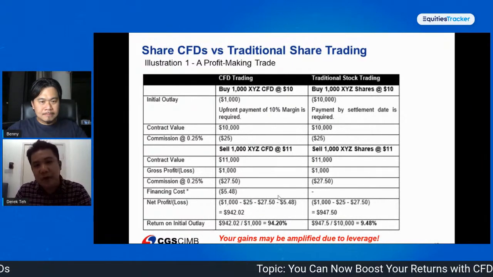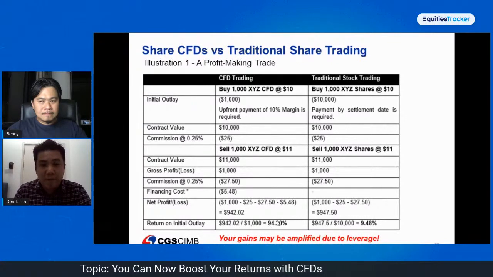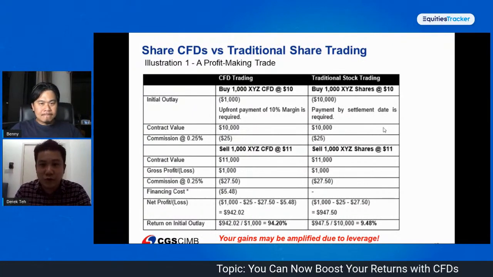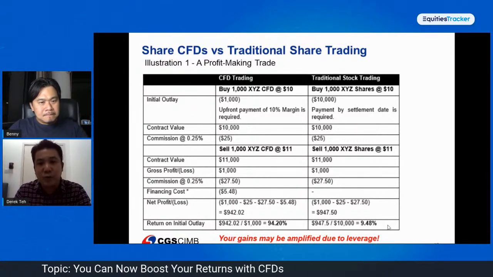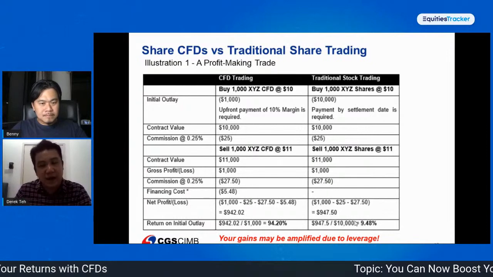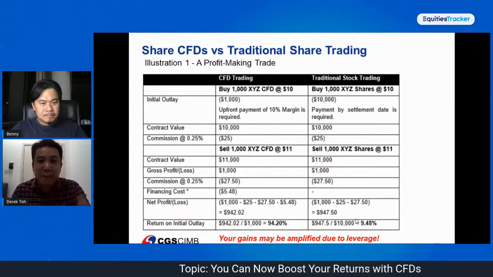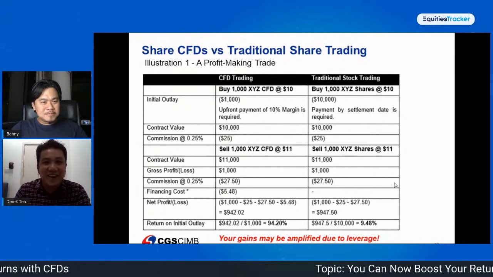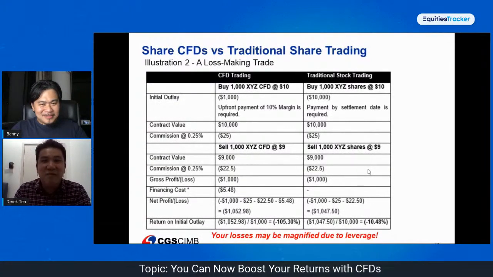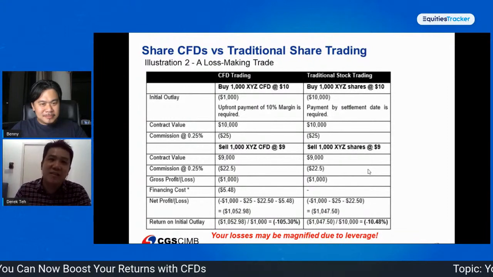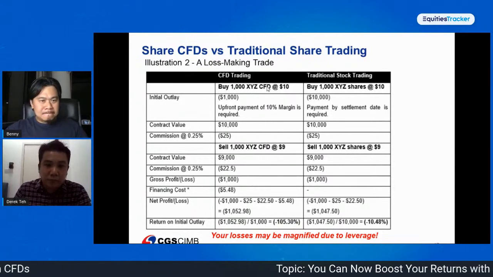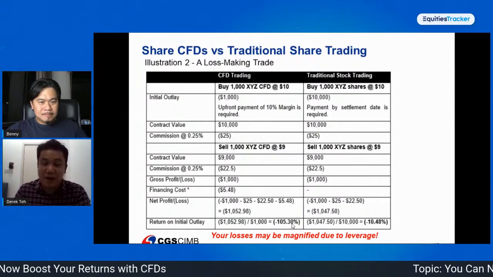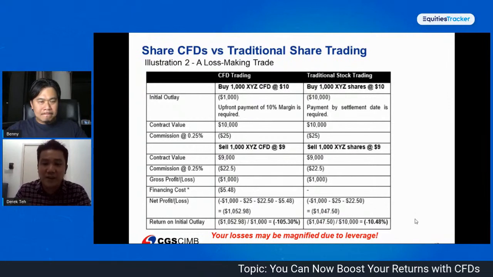In the end, after the financing cost, commission and everything, you will have a return on initial outlay of around 94%, compared to traditional stock trading, where you buy the shares in full, it's only 9.48%. As mentioned by Benny, that is a huge difference, like putting a steroid on your trading account. However, if you are unlucky and it's a loss making trade, the steroid will work against you. Your return on initial outlay will be negative 100%, while for traditional stock trading it is negative 10%.